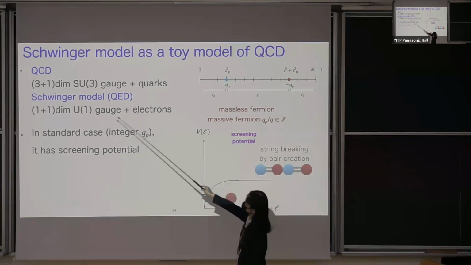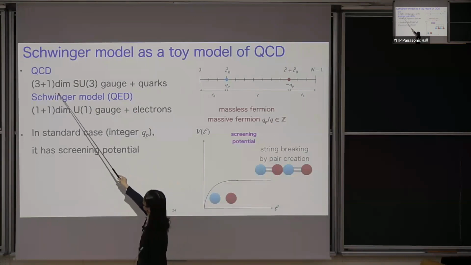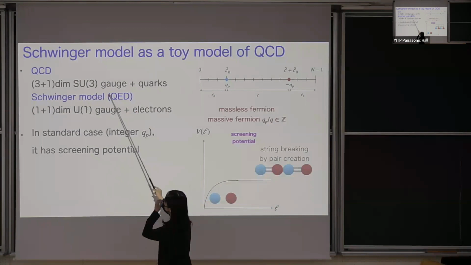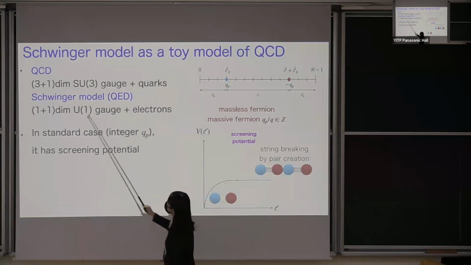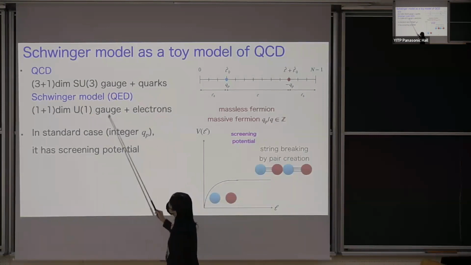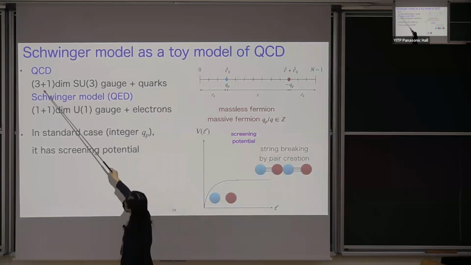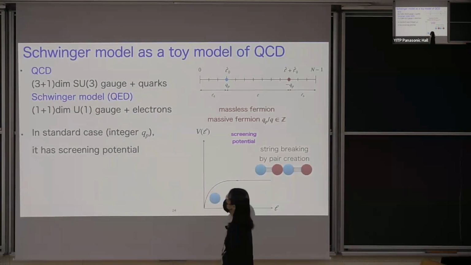QCD, as I explained, is given by the 3+1 dimensional SU(3) gauge theory coupled to fermions, the so-called quarks. And the Schwinger model is a 1+1 dimensional U(1) gauge theory coupled with fermions, the so-called electrons. So you understand that this is just a reduced model of QCD, in dimensionality and gauge symmetry.